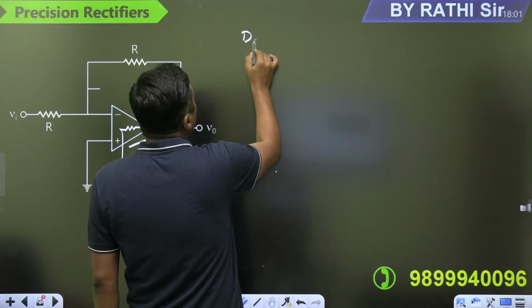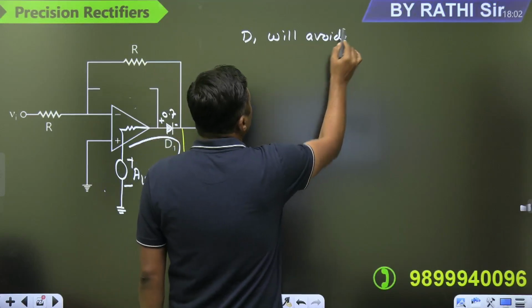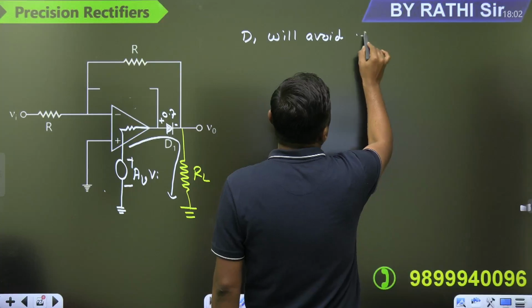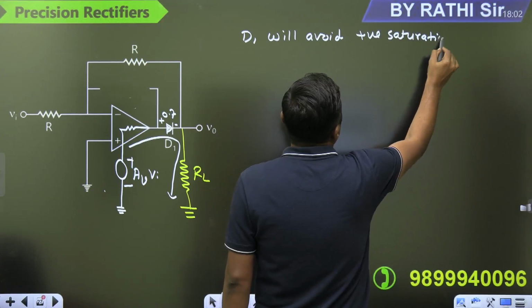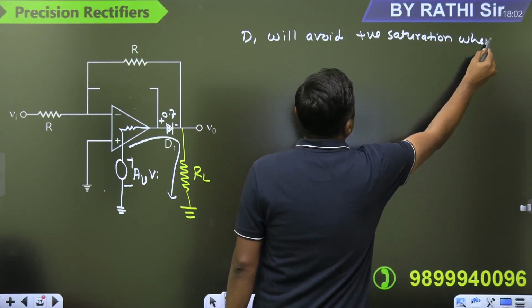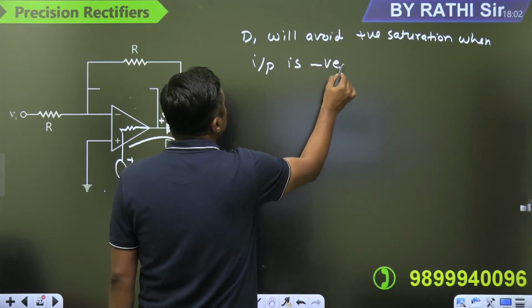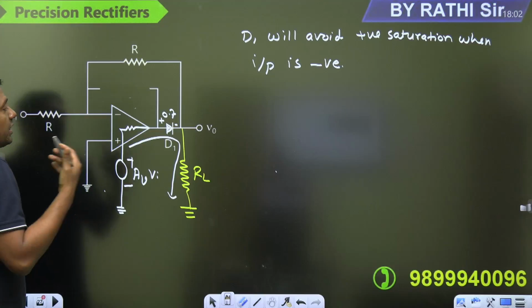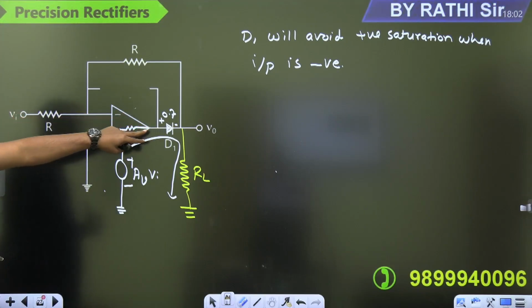So diode D1 will avoid the positive saturation when the input is negative. When the input is negative, it will avoid the positive saturation.